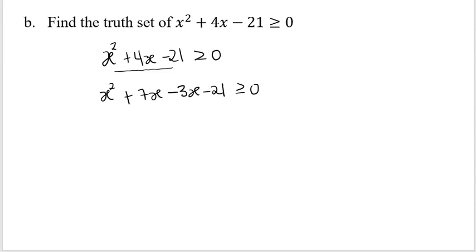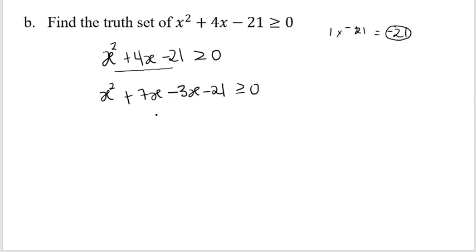Now you look out for two numbers. These two numbers are going to be factors of -21. You try finding two numbers which when you multiply, you get -21, but when you add, you get 4, and that is 7 and -3.